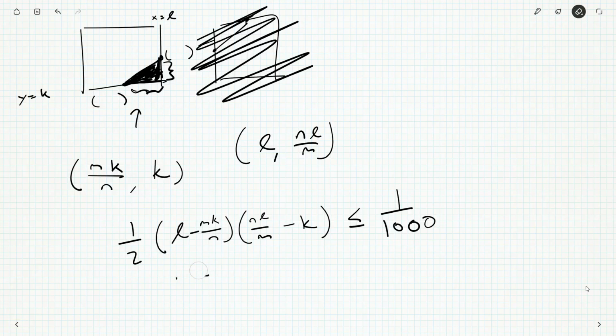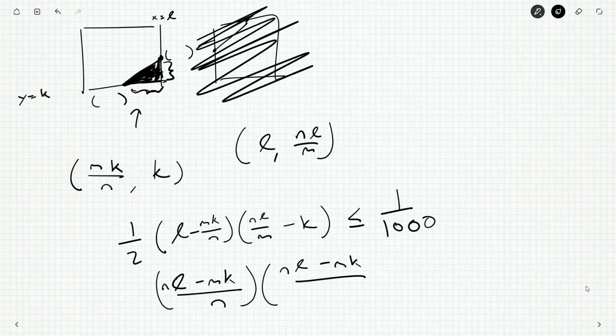Well, first let's multiply by 1/2. I'm also simplifying the fractions as I go. Or multiply by 2 on both sides. We get 1 over 500. And I can multiply through by mn. And most of the answers were around 500, so this is not looking so bad. nL minus mk.